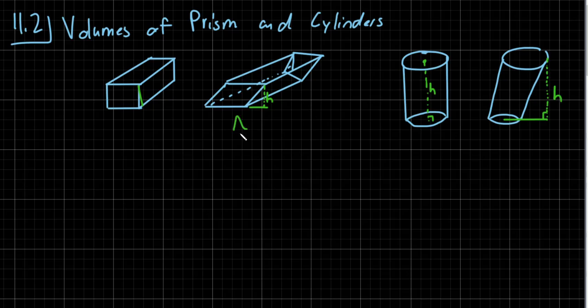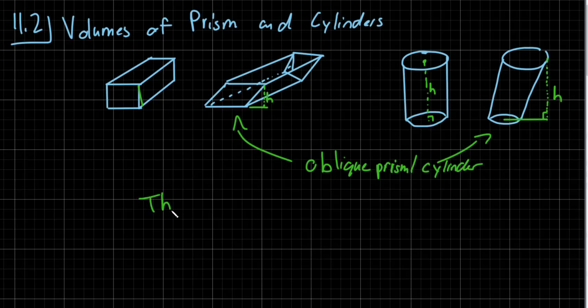Do you know what we call these when it's tilted? Any idea? No? Okay. Oblique prism slash cylinder. That's when it's slightly tilted over.